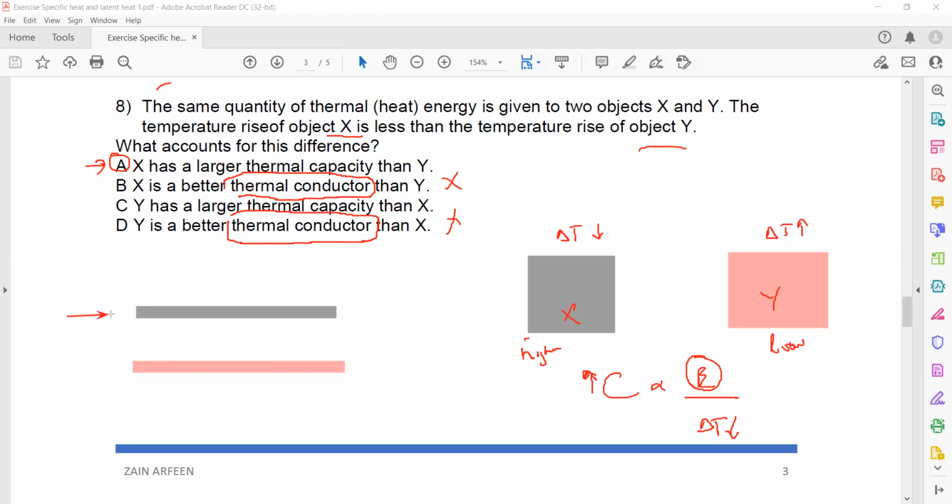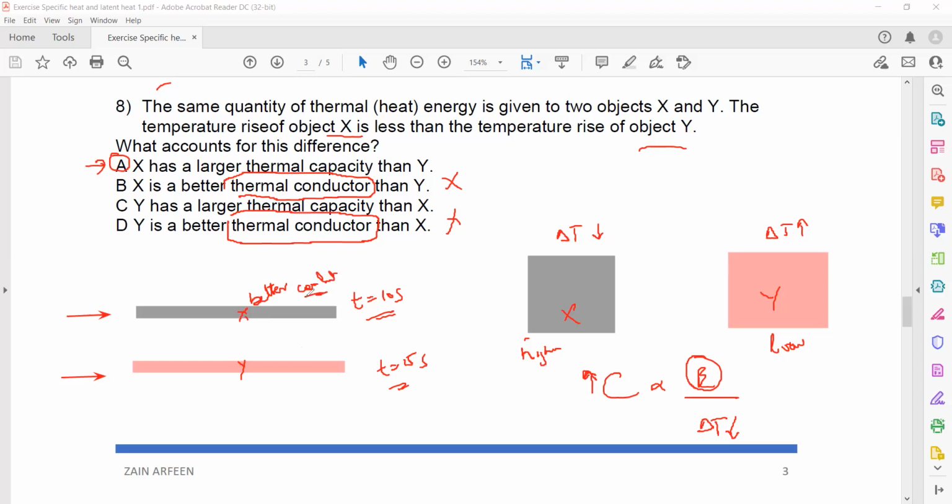When we supply heat energy to both X and Y, for example, if I say X took 10 seconds to transfer heat energy from one end to another, and Y took 15 seconds to transfer heat energy from one end to another, so I can say X is a better conductor because it is taking a short time to transfer heat energy.